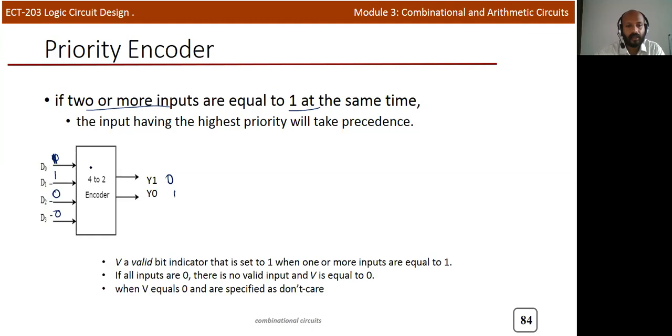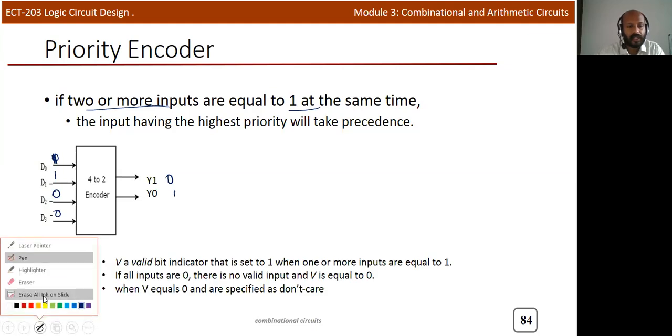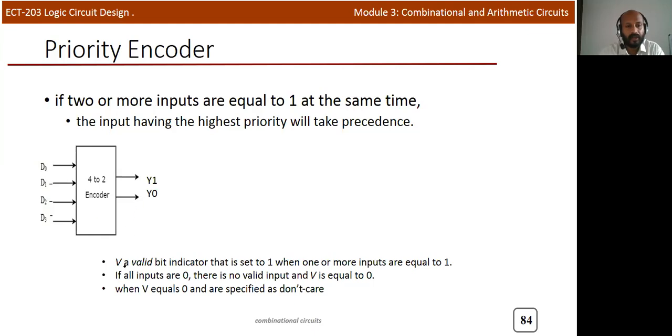So we can implement such a circuit. In order to implement it, we use one more bit in standard ICs, known as the valid bit. So at the output side, there will be one more output known as V. When this valid bit indicator is set to 1, one or more inputs are equal to 1. If all inputs are 0, that is, D0, D1, D2, D3 are equal to 0, the V output will be 0.